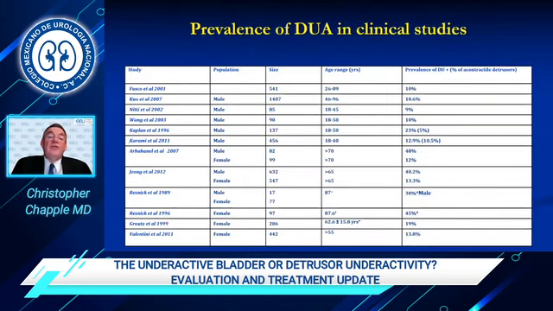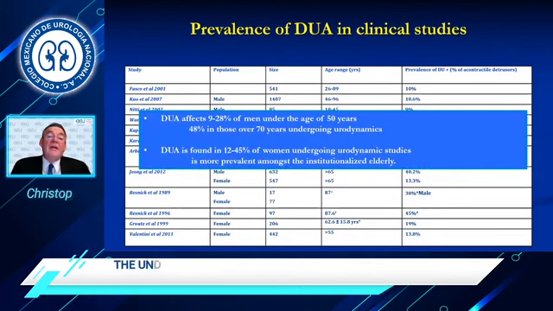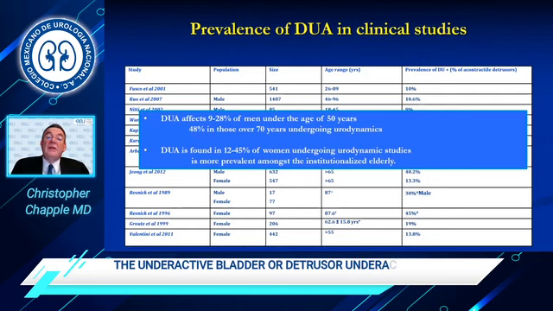Now, if you look at the world literature, there have been various attempts to look at underactivity using symptoms, but across the board, if you boil that down, detrusor underactivity affects between 9 to 28% of men under the age of 50, and 48% of those over 70 years undergoing urodynamics have underactivity.